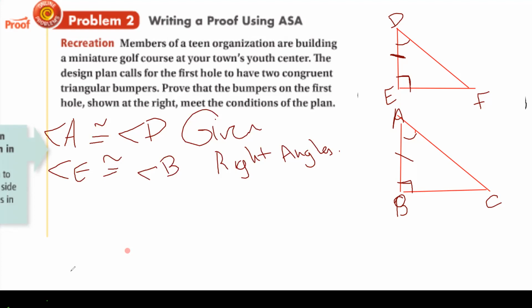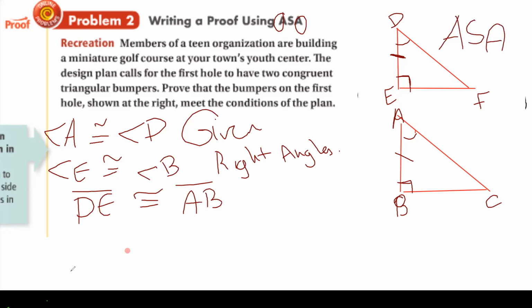And also, I have side DE congruent to side AB. So I want to use or prove ASA. I have one angle, another angle, and the side between them.